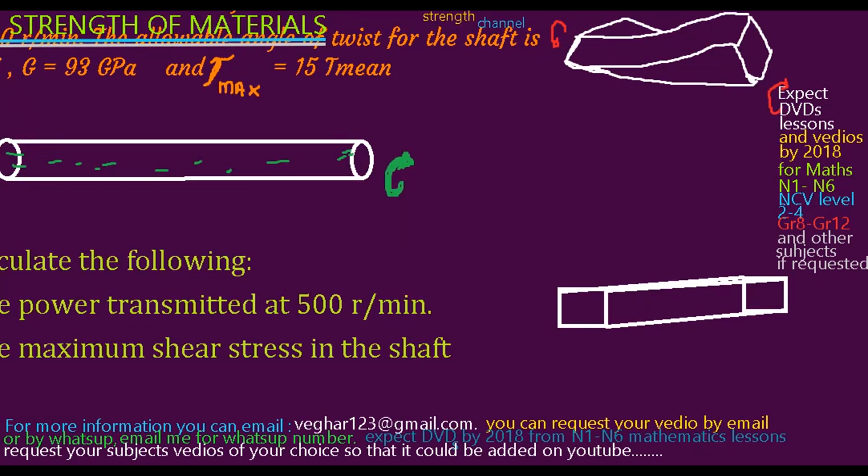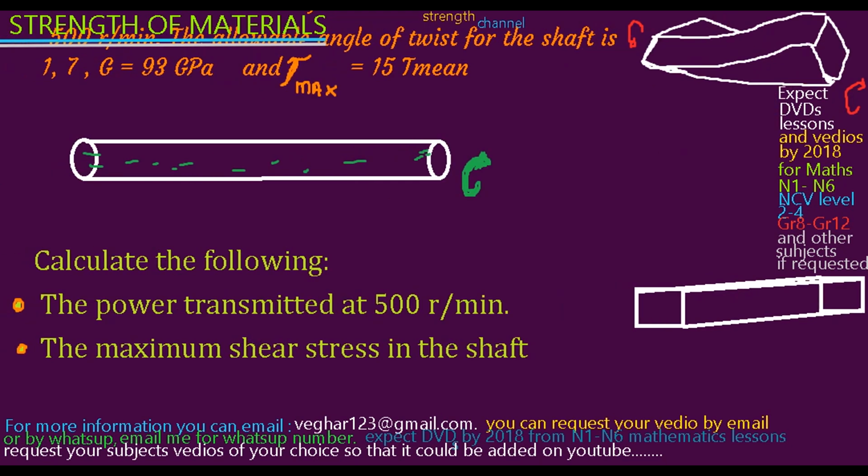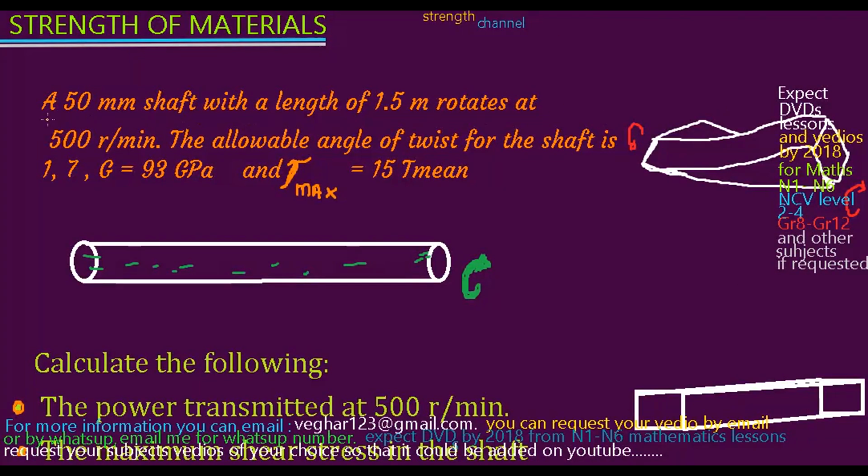Let's check some of the problems that we have here, so maybe I can explain better. We are given a statement: a 50 millimeter shaft with this length rotates at this speed, and the allowable angle of twist is this.